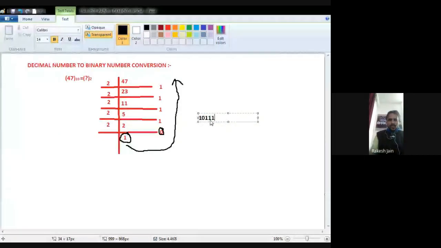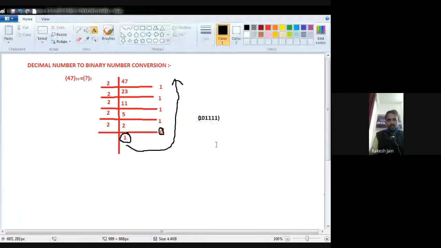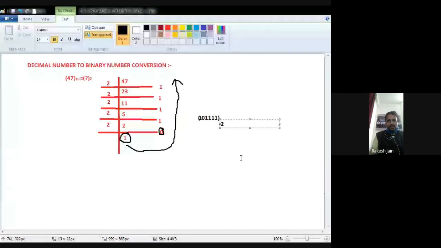So this is the answer: 47 is represented by 101111. This is the binary representation of this number.